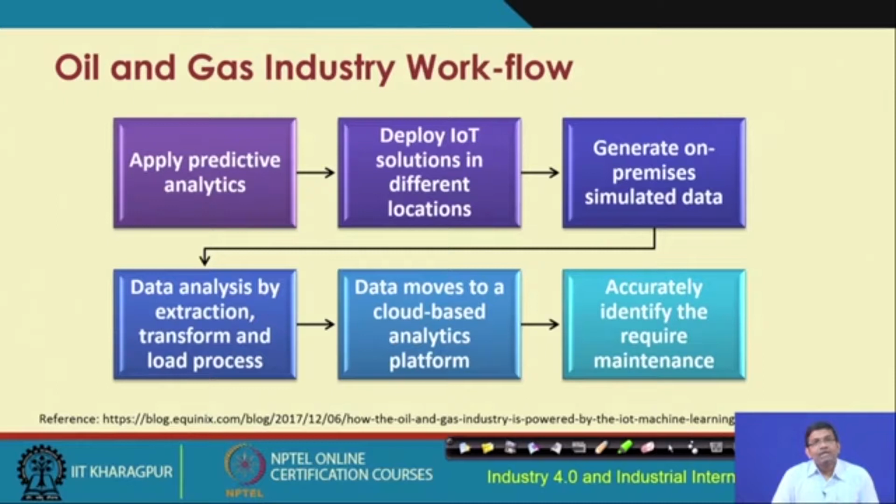So, based on that objective, different IoT devices are going to be deployed, sensors, actuators, etc. are going to be deployed in different locations. Different locations within the plant, also in different machines that are going to be involved in the process, in the supply chain, and so on.